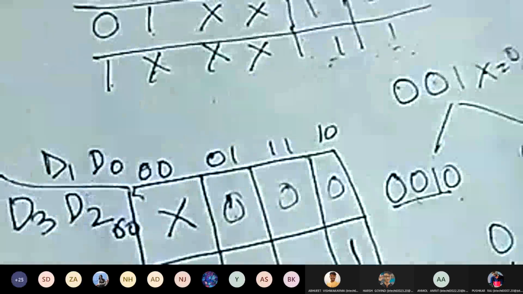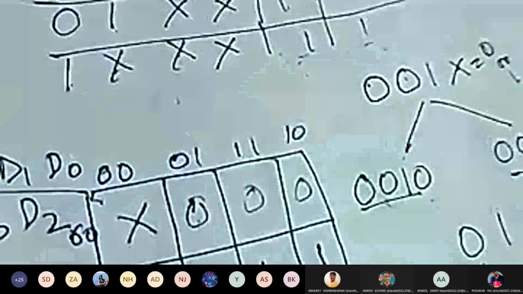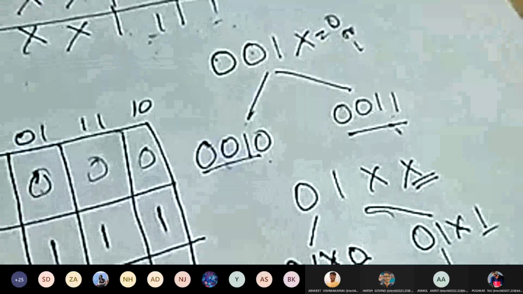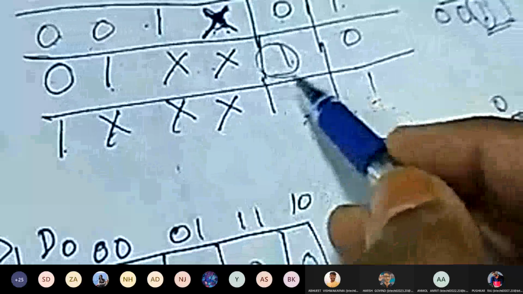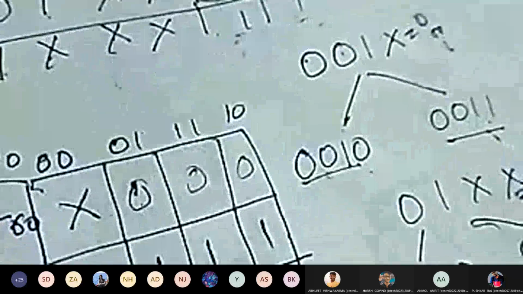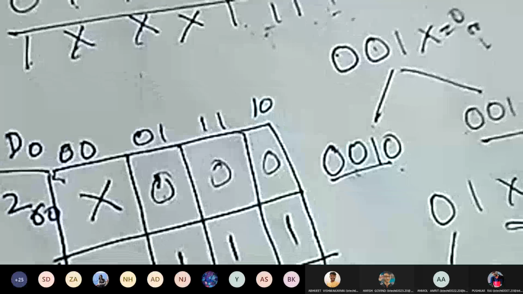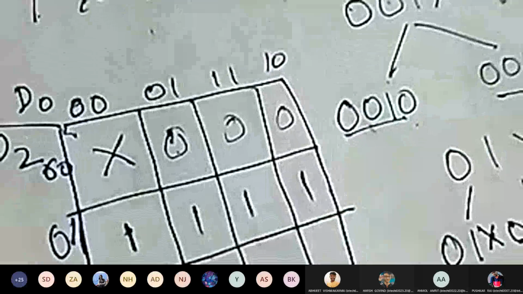And 0, 1, 1, 1, also 1. So all the values I am putting as 1. Why? Because for 0, 1, X, X the value of A is 1, so all of them will have the same value, that is 1, no matter whether X is 0 or 1.